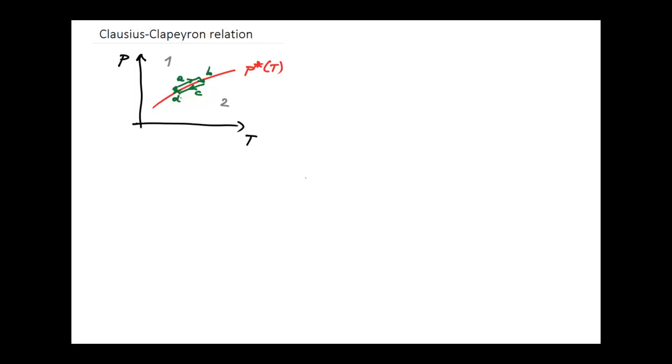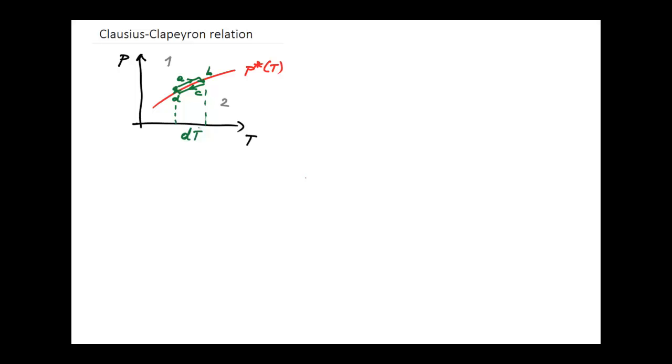Initially, we have a certain temperature, then at the right end of the process we have another temperature, and we want to make this really an infinitesimal cycle, so we assume that the temperature difference is small. To indicate that, let me use this infinitesimal notation. This is a tiny temperature difference dT.